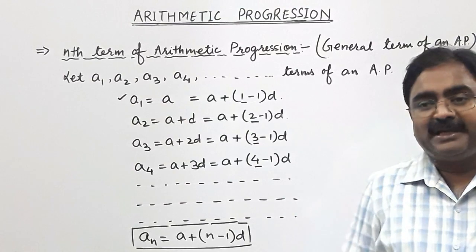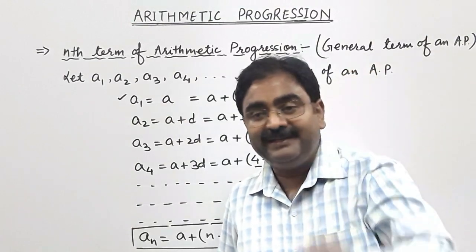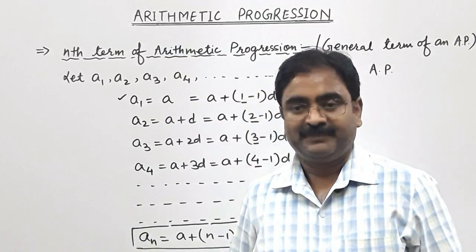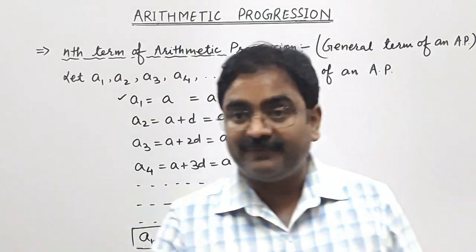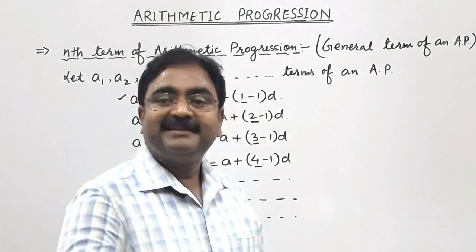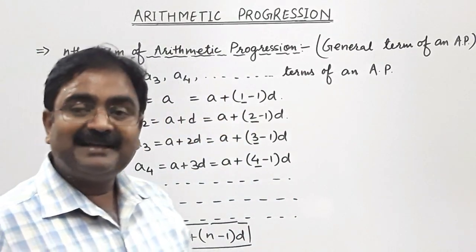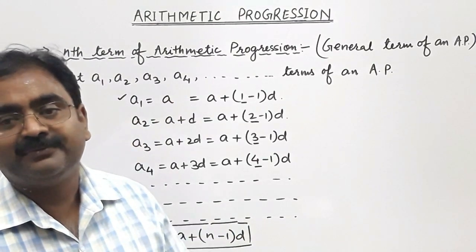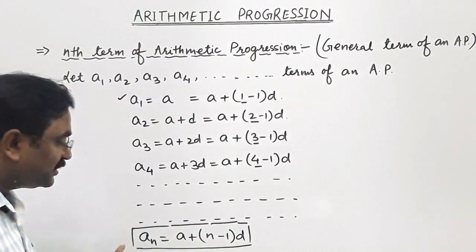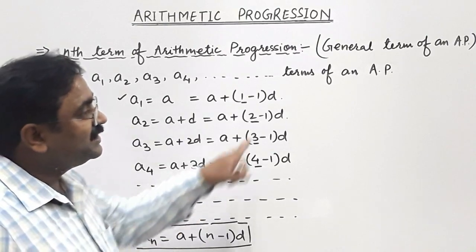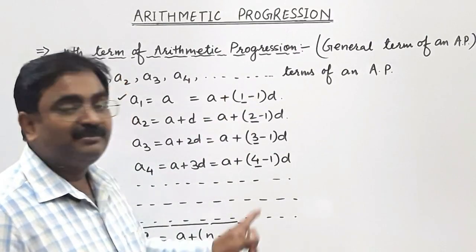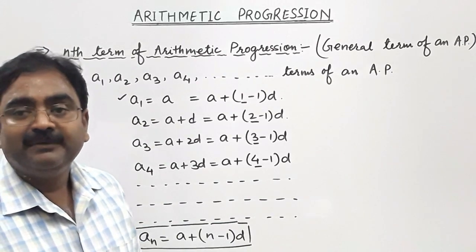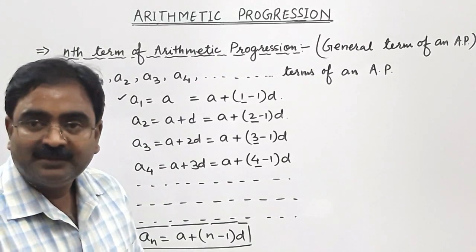Sometimes this formula can be used for a finite arithmetic progression to find the last term also. If the arithmetic progression is finite and it is asking to find the last term of this series, that is the 10th term, then easily you can find it. So this general term of the series can also be used to find the last term of any finite arithmetic progression.